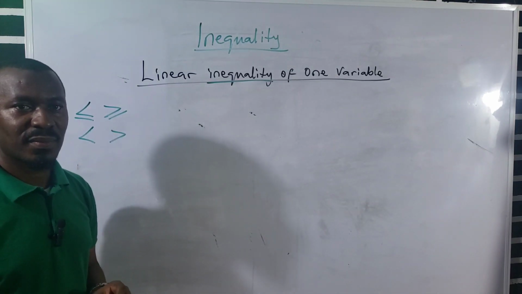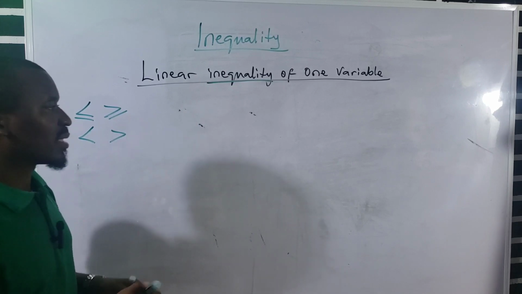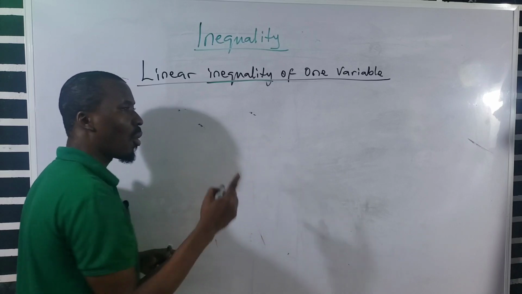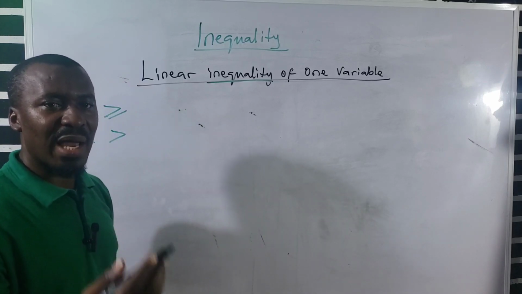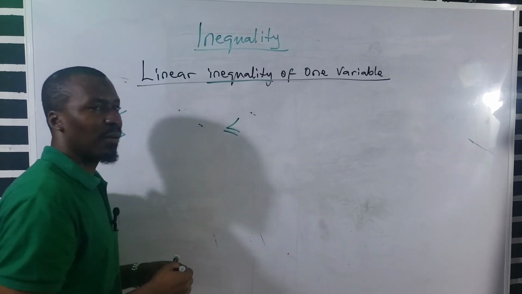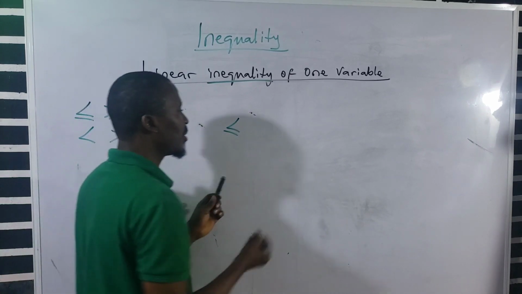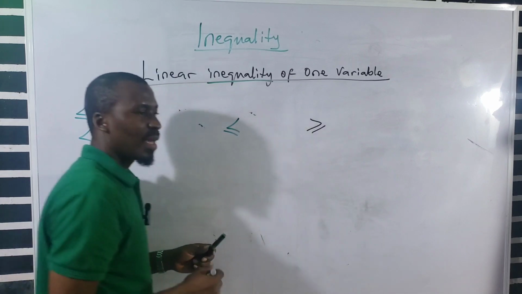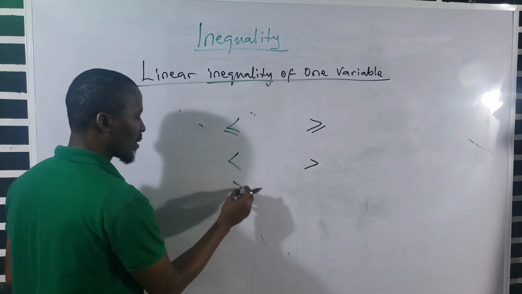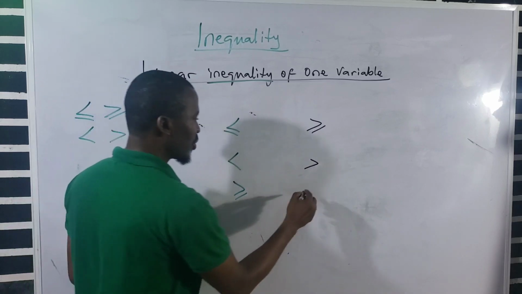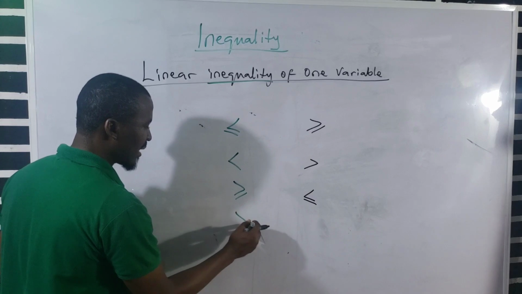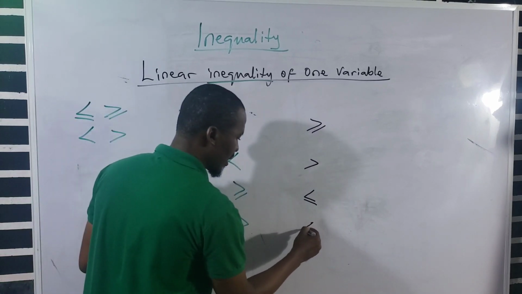What it means is that if we divide or multiply by a negative number, if the inequality was in this form, it is going to change to this form.